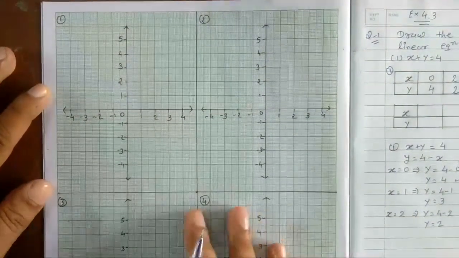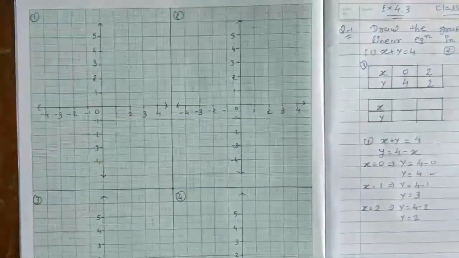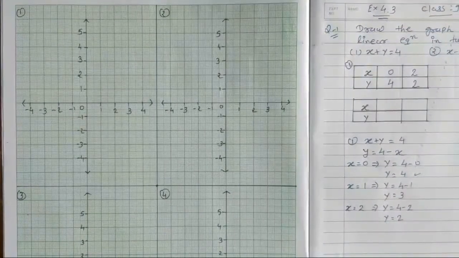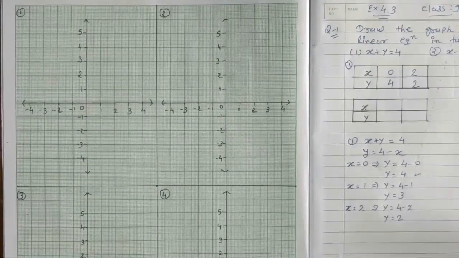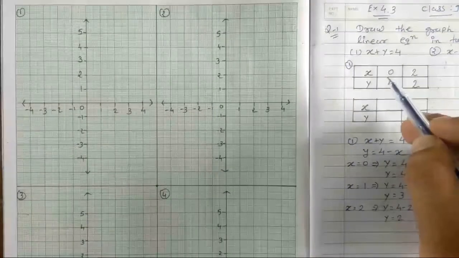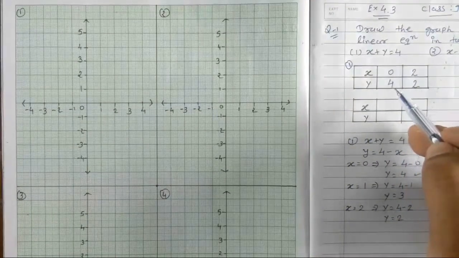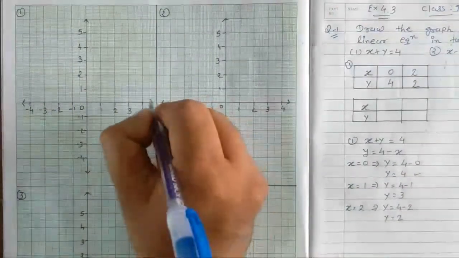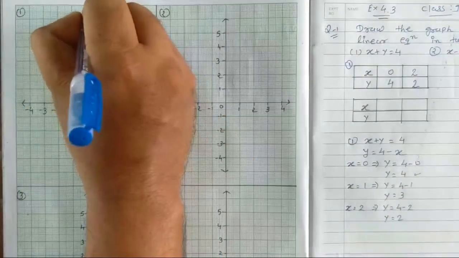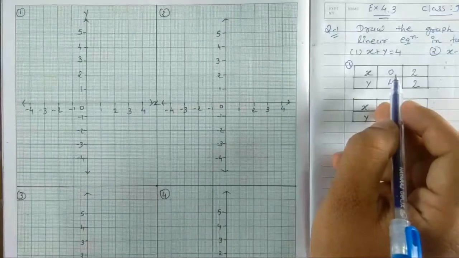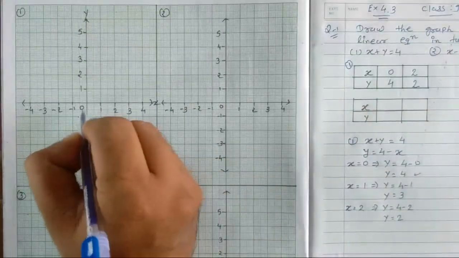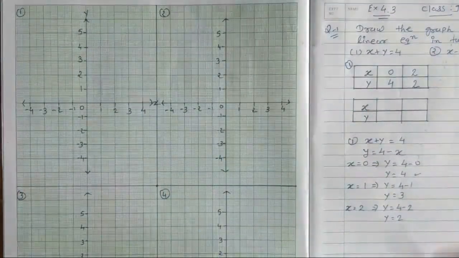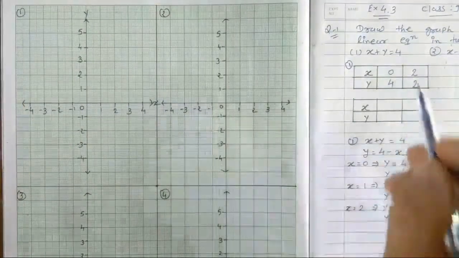I already drew our Cartesian plane here. First is our value of x, 0. At that time, y is equal to 4. So look here, this is our x axis and this one is y. When x is equal to 0, at that time the value of our y is equal to 4.